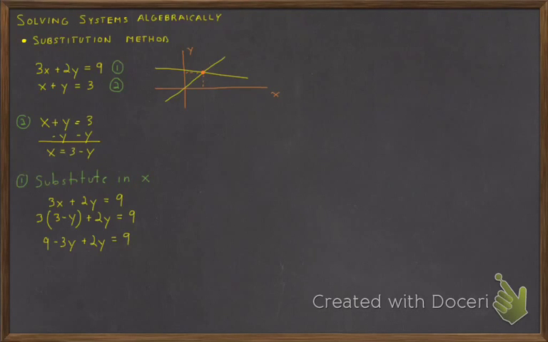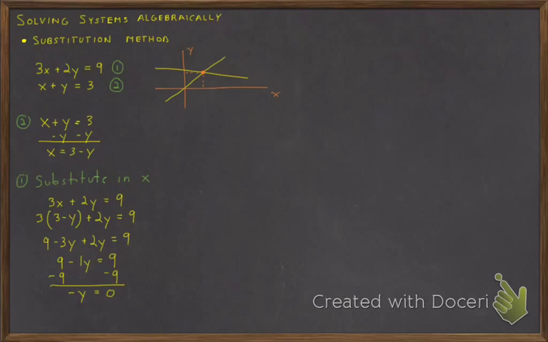Now, we can see that there are two terms that have y in them, so we need to combine like terms. When we combine the negative 3y with the positive 2y, we get 9 minus 1y, or 9 minus y, equals 9. Now we can solve this by bringing over the 9, and we get that negative y equals 0.